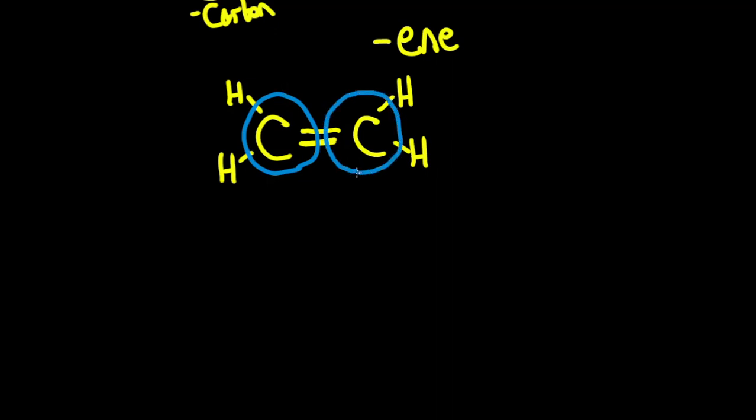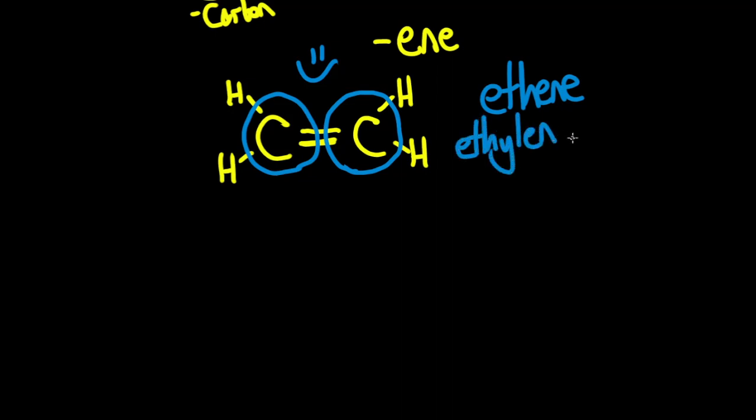And if I go around this one, I see I've got 2, 4, 6, 8 electrons around that. So this is happy. And I can call this ethene. And the old school name for it is ethylene. Okay, notice that ethene indicates that it is the carbon-carbon double bond.